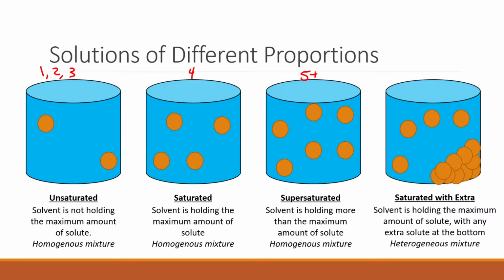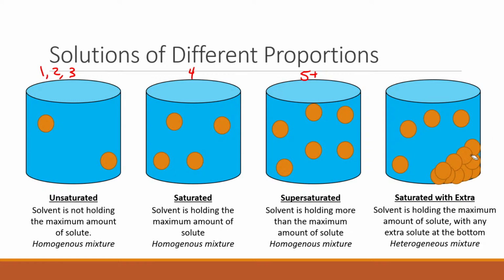Our last category here, saturated with extra, is saturated, right? There's 4 dissolved things, right? 4 things floating around. But on the bottom, there's a pile of undissolved solid. Right? When we have saturated with extra, before you stir up your Kool-Aid or lemonade mix, right? You see the solid on the bottom.